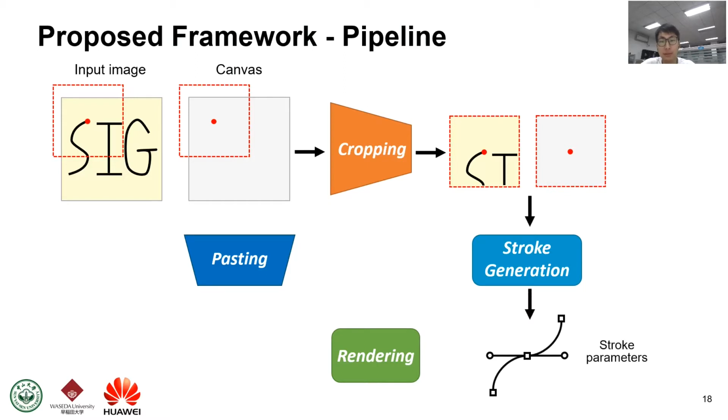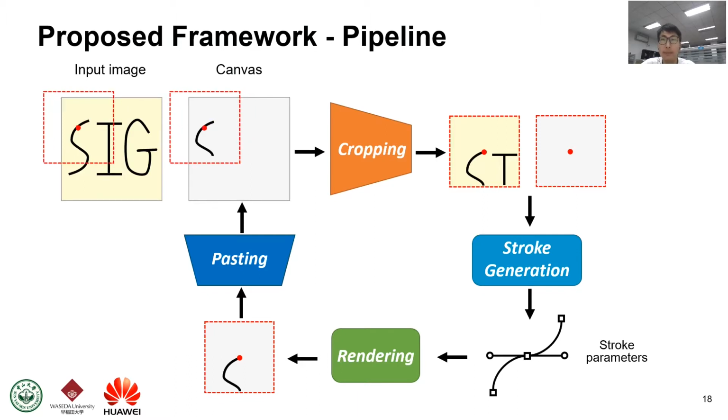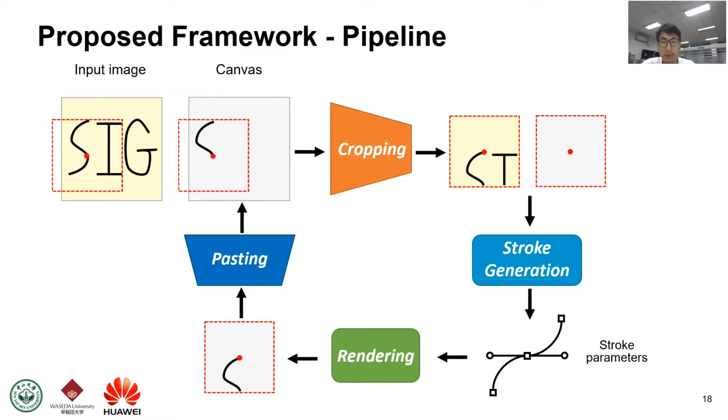Then, based on the patches, the stroke generator produces the vector parameters. Next, the stroke parameters are approximated into a stroke image through differentiable rendering. Finally, the stroke image is pasted to the last canvas based on the window. Afterwards, the window moves as drawing the stroke.